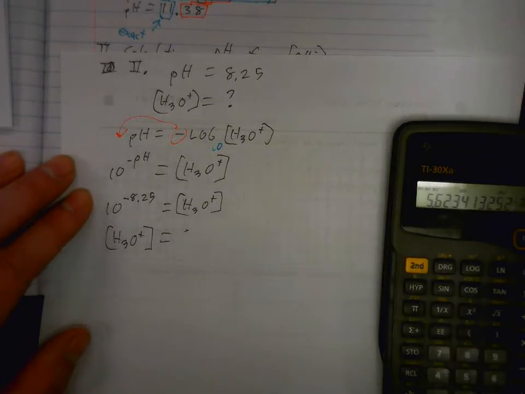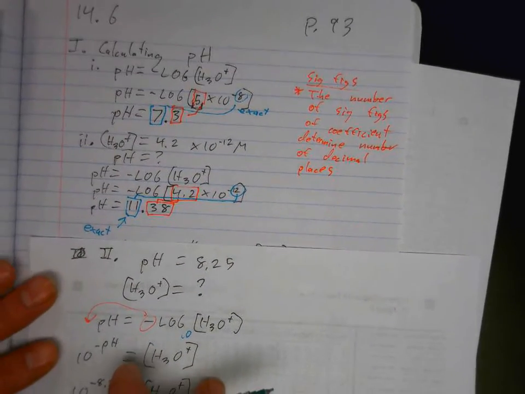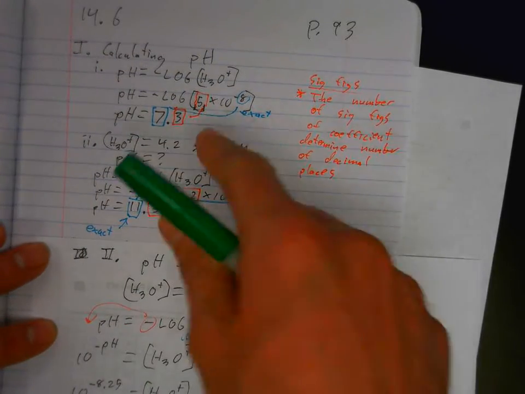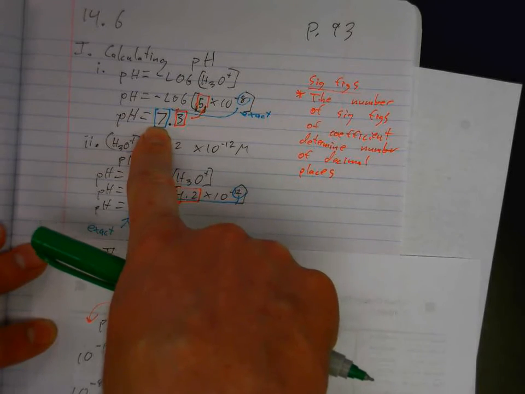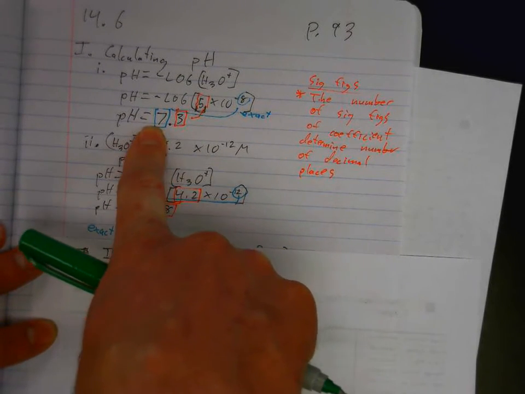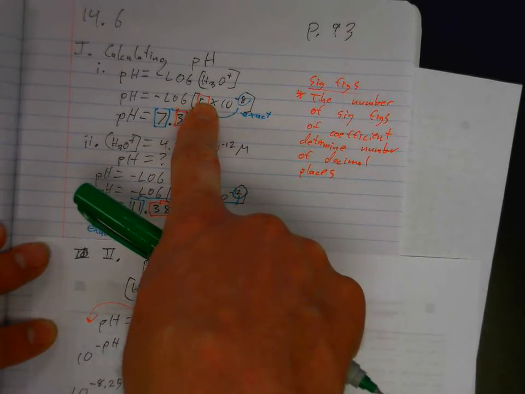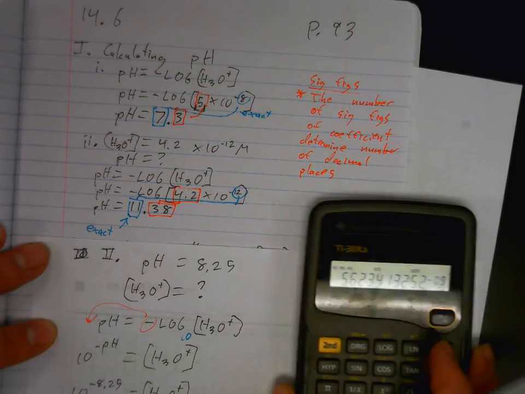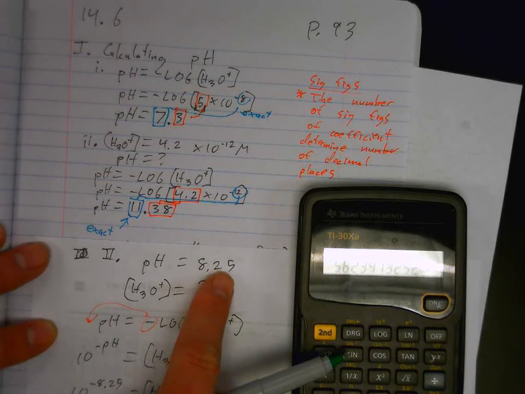We had said before that the exponent corresponds to the number here, and then the number of decimal places in the pH value corresponds to the coefficient.